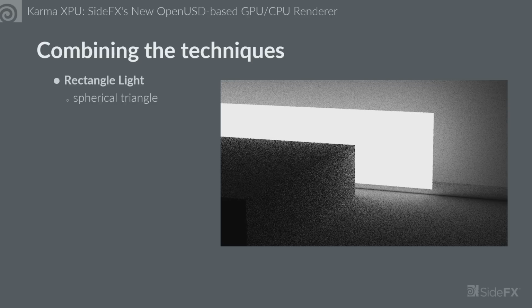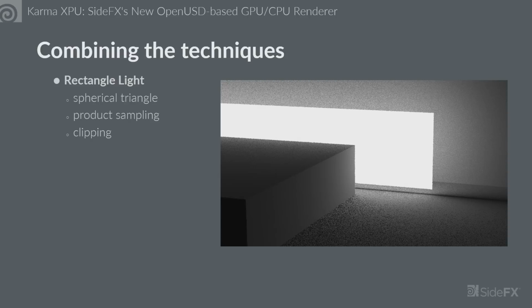So here are some images showing the combining of the techniques. Apologies for the contrived scene, but it's okay. This is a rectangle light using standard spherical triangle sampling. Then we add in product sampling, then eventually clipping, so that you can see the box on the left there changed.